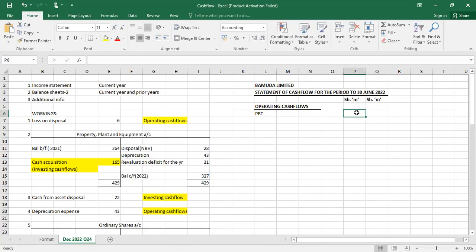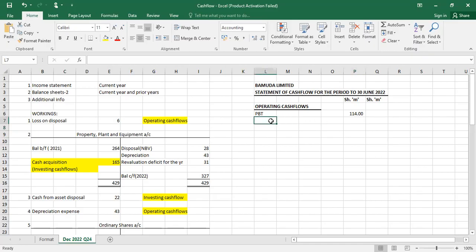When you look at the P&L, how much is the profit before taxation? 114 million. Yeah, we are told that is 114. So that's what we start with under the first amount column.